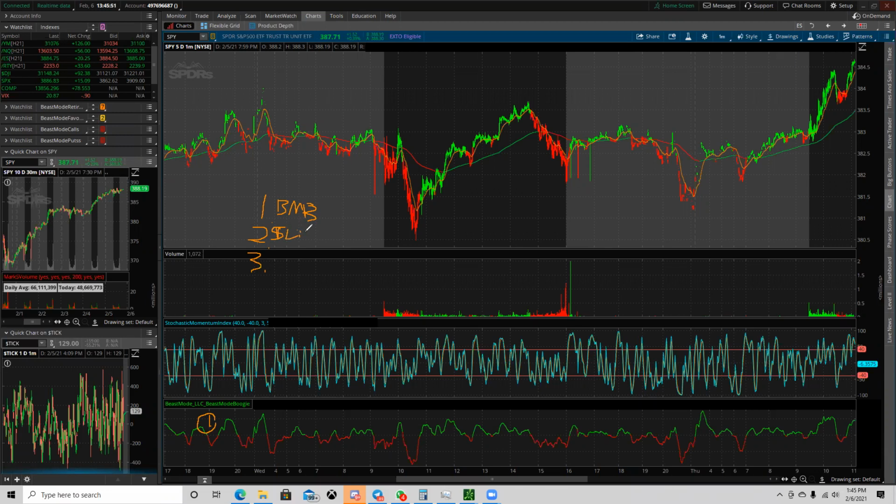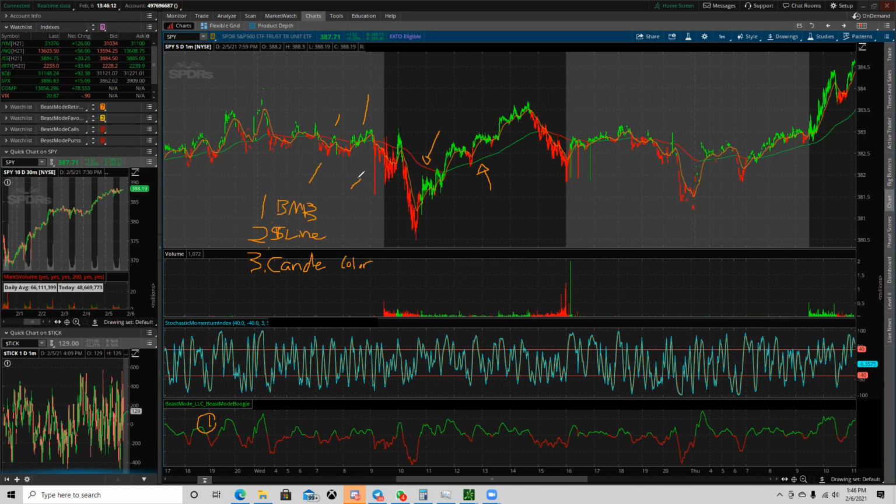Smart Line is rule number 2. So you see our smart line here is red and our smart line here is green. That's rule number 2. Rule number 3 is the candle color. And that would be the green candles here and the red candles here.